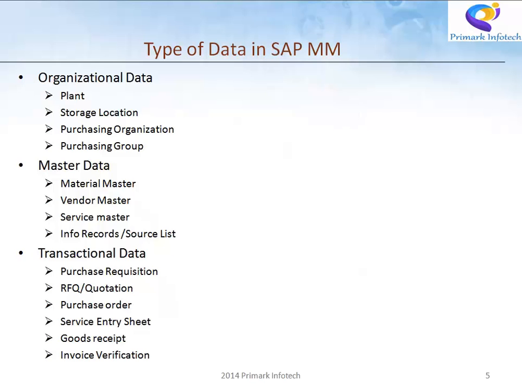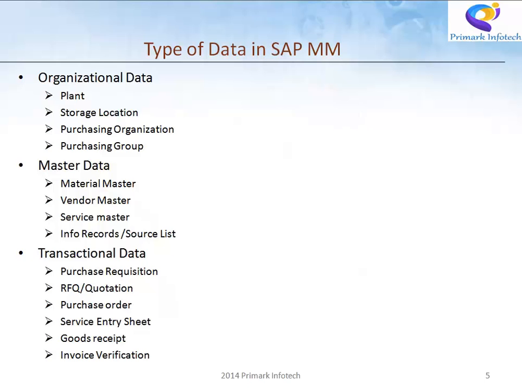Then comes the transaction data. So now that we have organization data and master data, now comes the transaction data. What could be a transaction? Now I have a requirement of 3 bolts and 5 nuts, or maybe the other way around. How are we going to place an indent? The indent or requisition is via a purchase requisition. It's a transaction. It gets an approval. Now it has to go for tendering. That is what RFQ and quotation are all about.